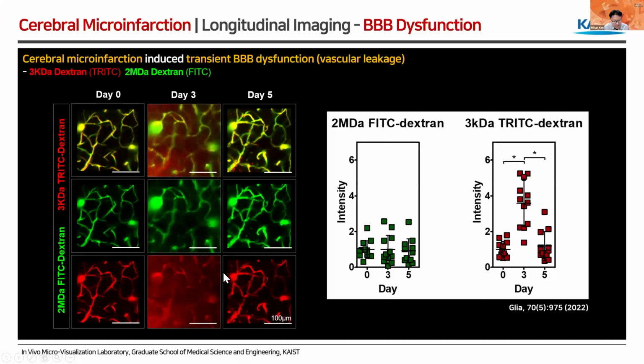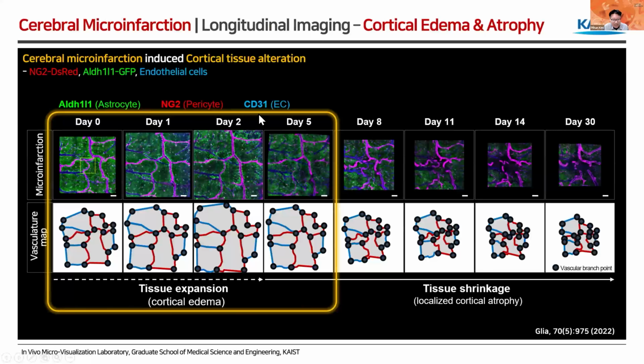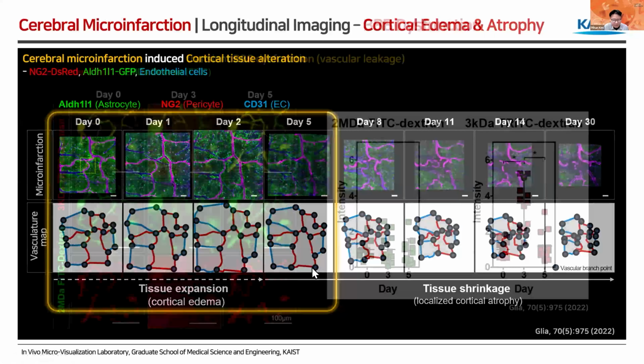This is exactly the same location, so 3 different imagings of the same mouse model. The 3000 Dalton Dextran leaked at day 3, but doesn't leak anymore at day 5. This is why we have edema until day 3, and then spontaneous recovery at day 5.